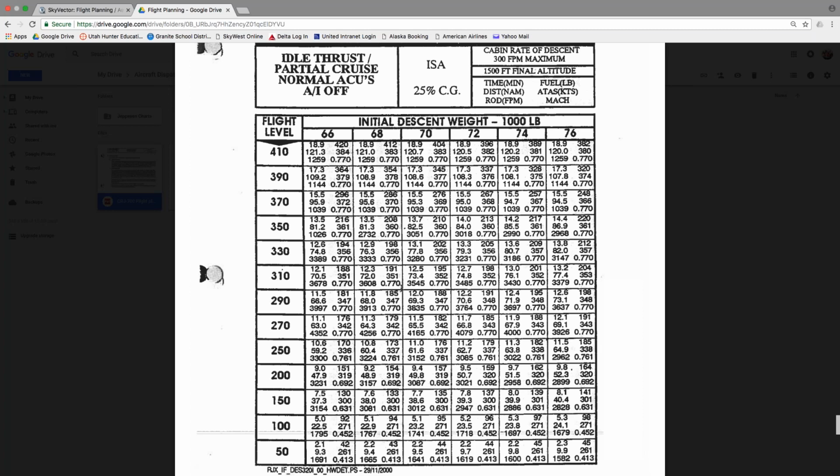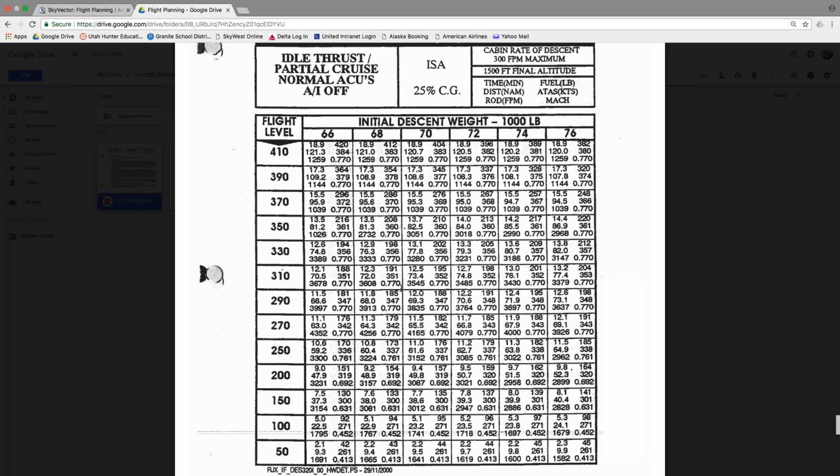Oh, I see, so now I heard what you're talking about. The 300 is what we're going to use on the descent. So this is the number we'll use on our descent chart. If you look here at our fuel burns, if we're at 41,000 feet, which we probably won't be in this class, that's 389 pounds to descend all the way down to our airport.